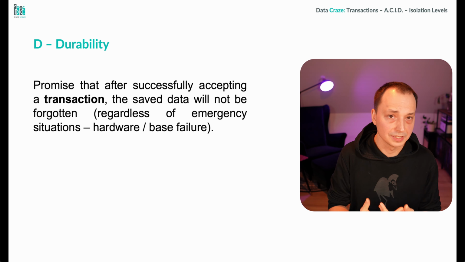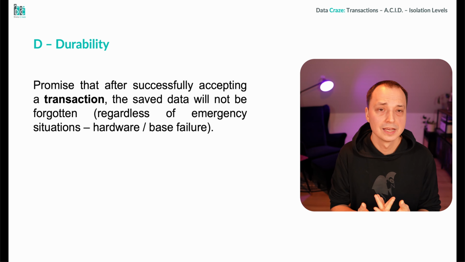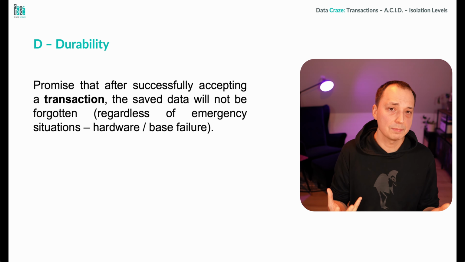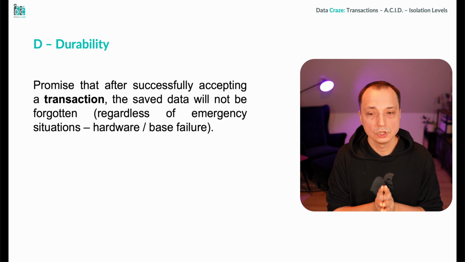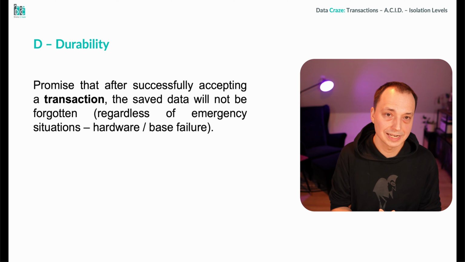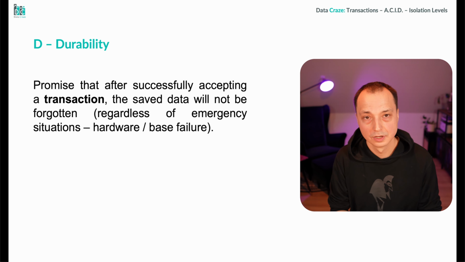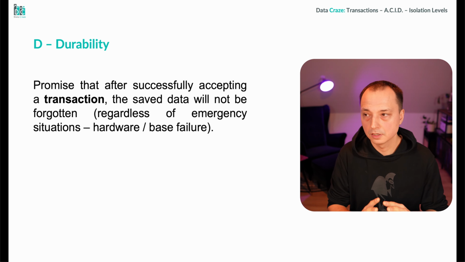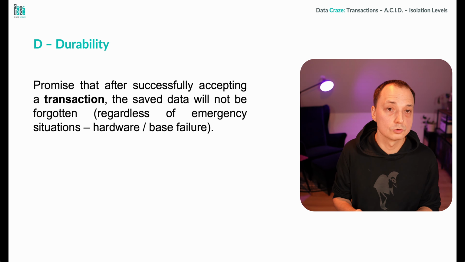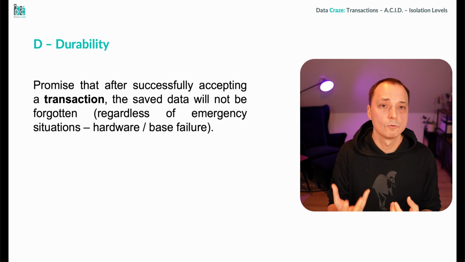Now durability, the last principle, the last rule, is a promise that after successfully accepting and executing a transaction, the data will be saved in the storage of your choosing and will not be forgotten, regardless of whether there were failures or emergency situations. What does it mean in practice?